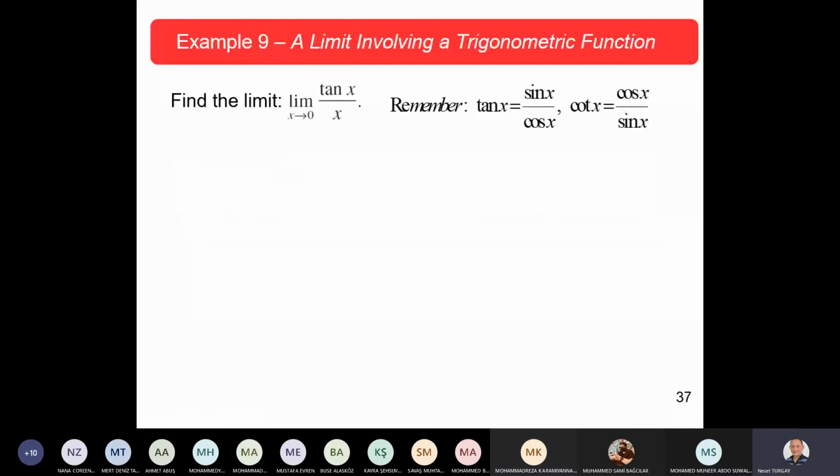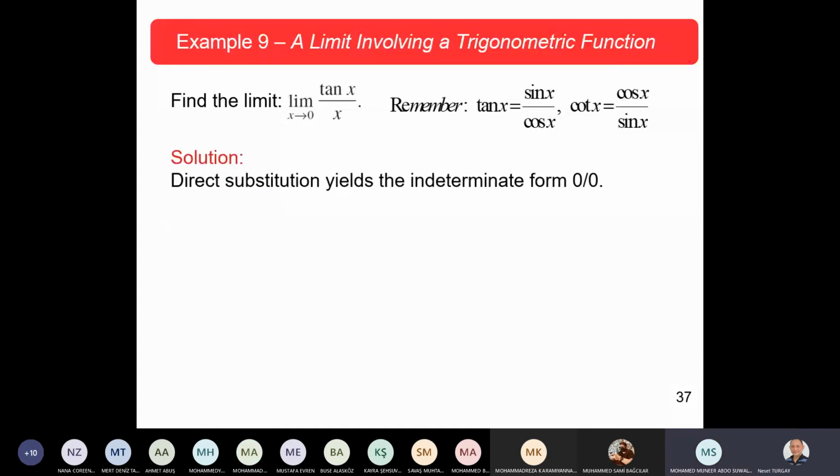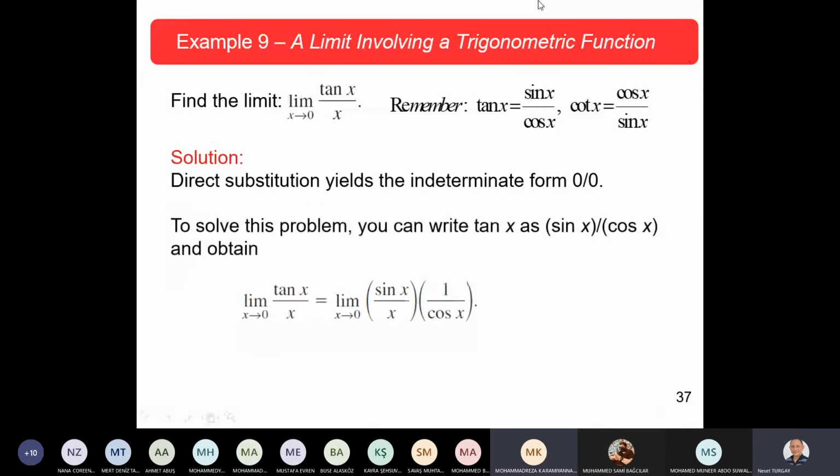So look at this. Find the limit of tan x over x when x goes to 0. Now, direct substitution gives you what? 0 over 0. What will we do? We will use this identity: tan x is sine x over cos x. So instead of tan x, I write sine x over cos x, over x. Now I just separate it: I take the cos x to the right-hand side.